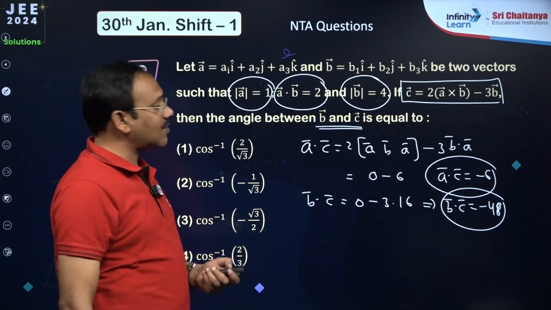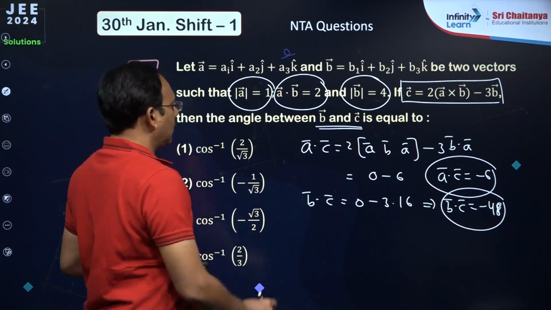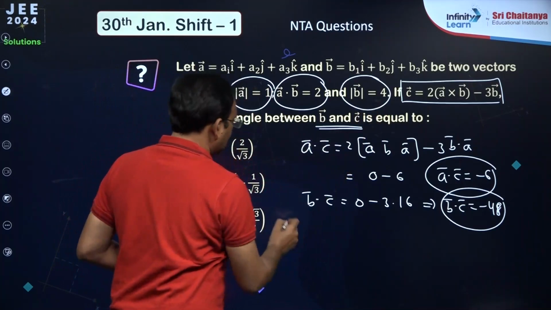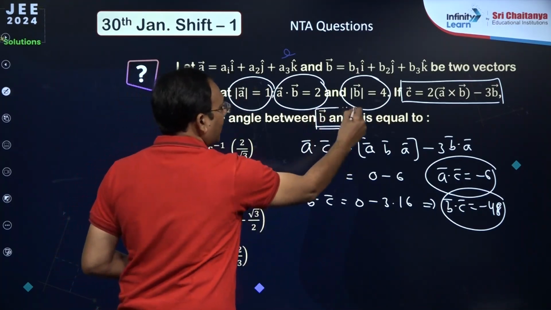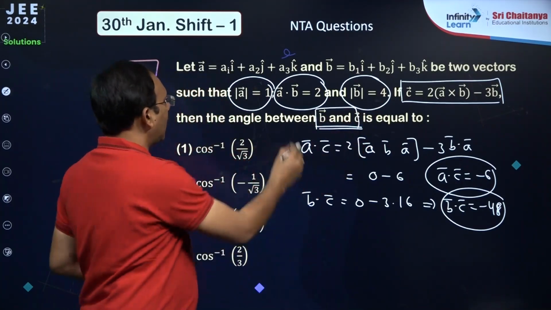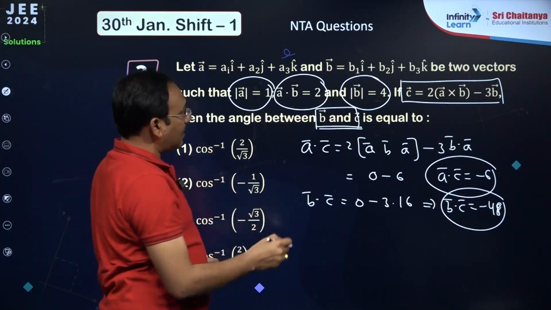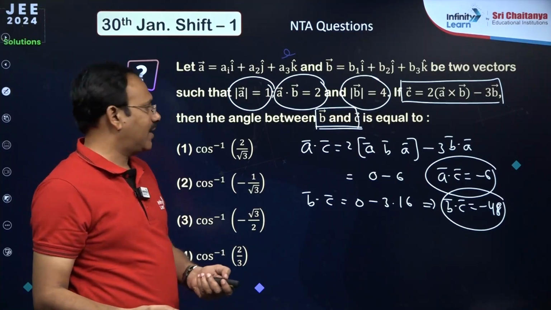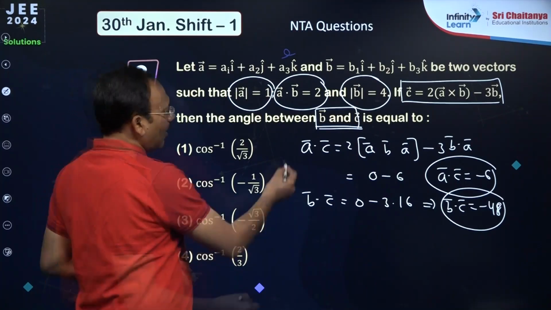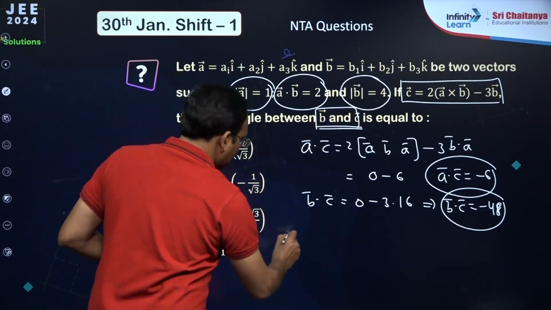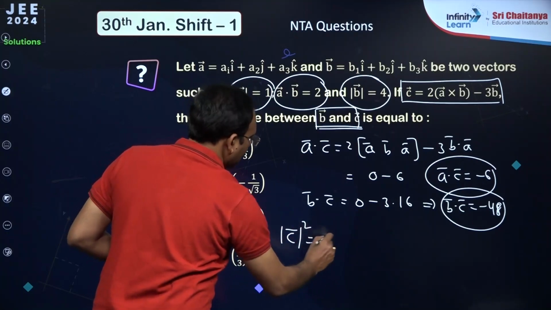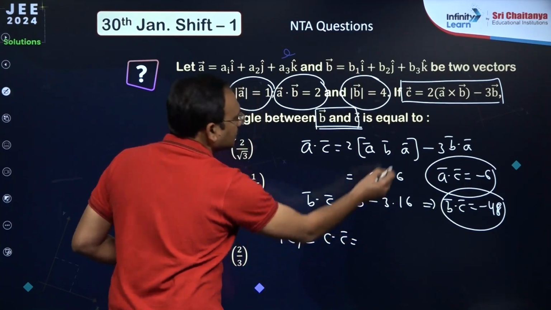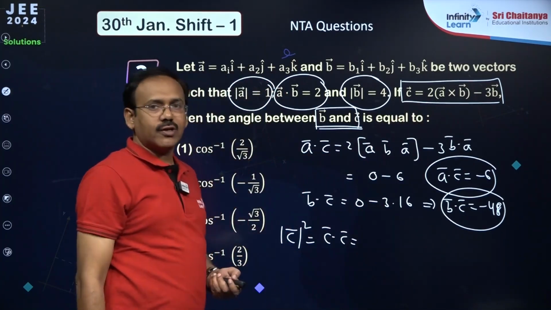Next, the magnitude of c I want. Because my aim is to find the angle between b and c, I know the magnitude of b, and if I know the magnitude of c, automatically we can try, my dear friends. So consider magnitude of c square, which is c dot c, its dot product with itself.